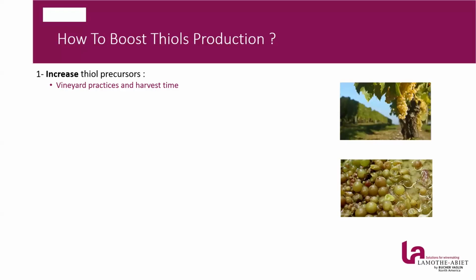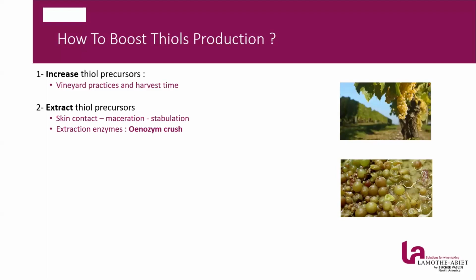Sun exposure and heat waves have a negative impact on thiol accumulation, but also the picking decision is very important. If you want more tropical aromas, you have to choose a time that is not too early, but also not too late. That's the magic of the harvest decision.